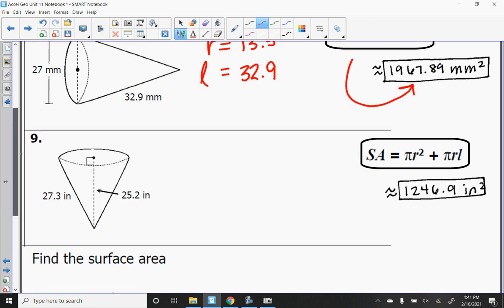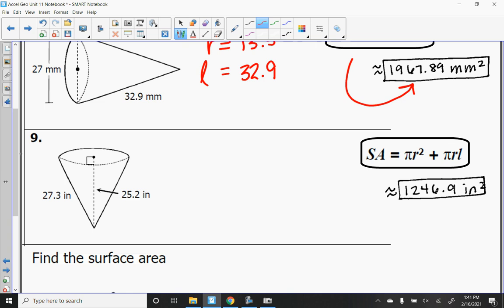All right, on number 9, I wanted to show you that you have a little bit of work to do to get your radius here. So you do not have a radius. And what you should see here is that the radius is going to be a part of this right triangle.